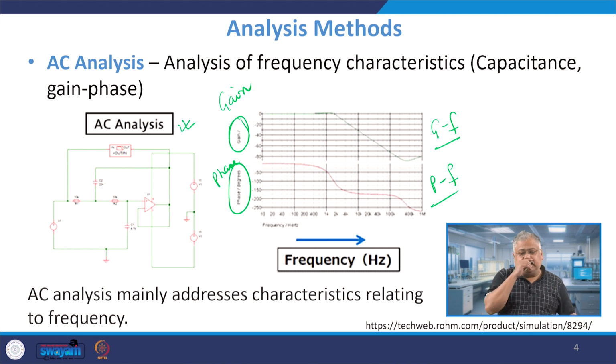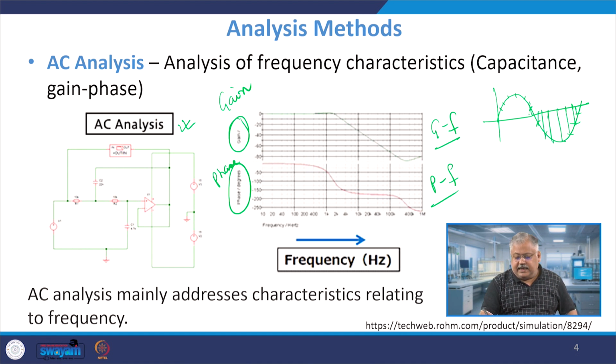Now what it does is basically it tries to sample the signal. I will come to that later on, but a brief idea here: the AC signal is a time varying signal, right. At every point of time the values will be different, right.